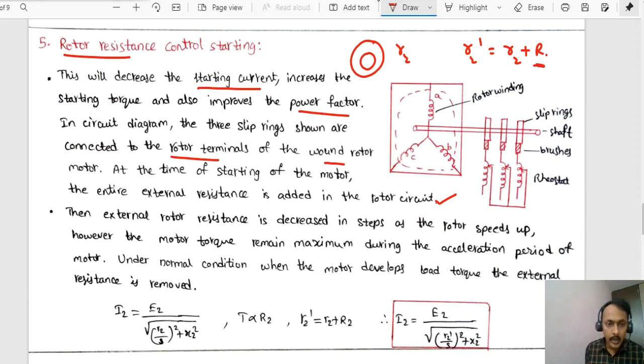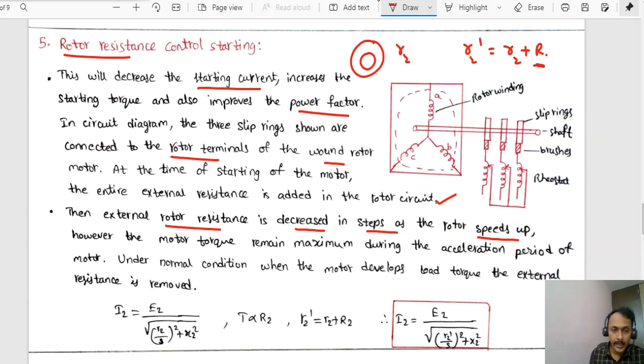The external rotor resistance is decreased in steps as the rotor slowly attains the speed. However, the motor torque remains maximum during the acceleration period of the motor.